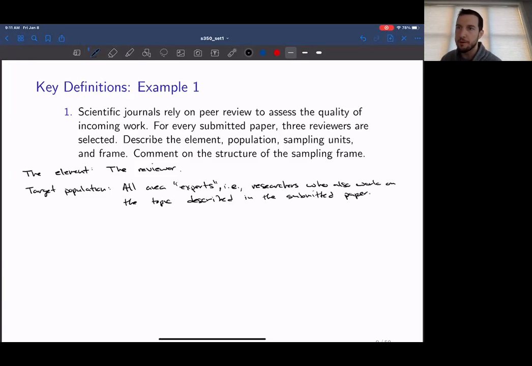If you wanted to be very brief about it, you could just say the collection of reviewers, right? All possible reviewers, but the reviewers are themselves researchers, so they would be area experts.